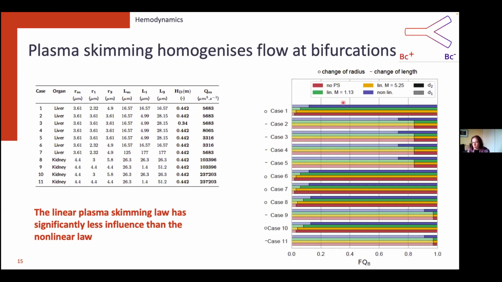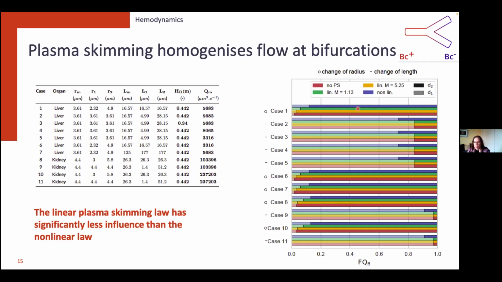But what you can see is that when you compare no plasma skimming in red to the linear models in orange and green and the nonlinear law, for each case, what matters is to see if the repartition of the flux between the two branches, which you see with a little bar here each time, is closer to 0.5 or not.